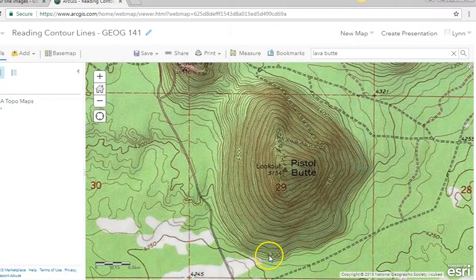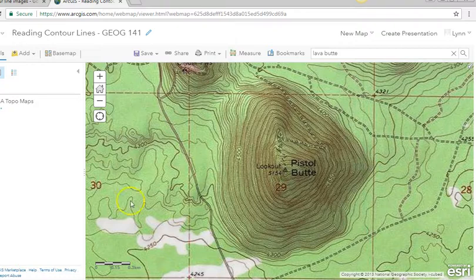This is the 4,300 foot contour line. The next one that's indicated is 4,500 foot. These special lines are called the index lines. So the index lines are bolder and they show the elevation. So that helps you have a clue about what this is.